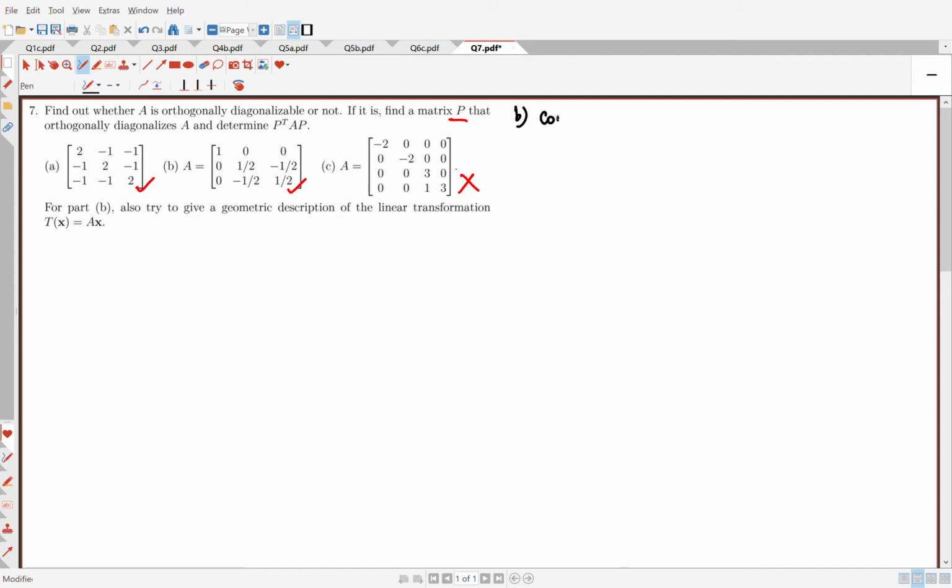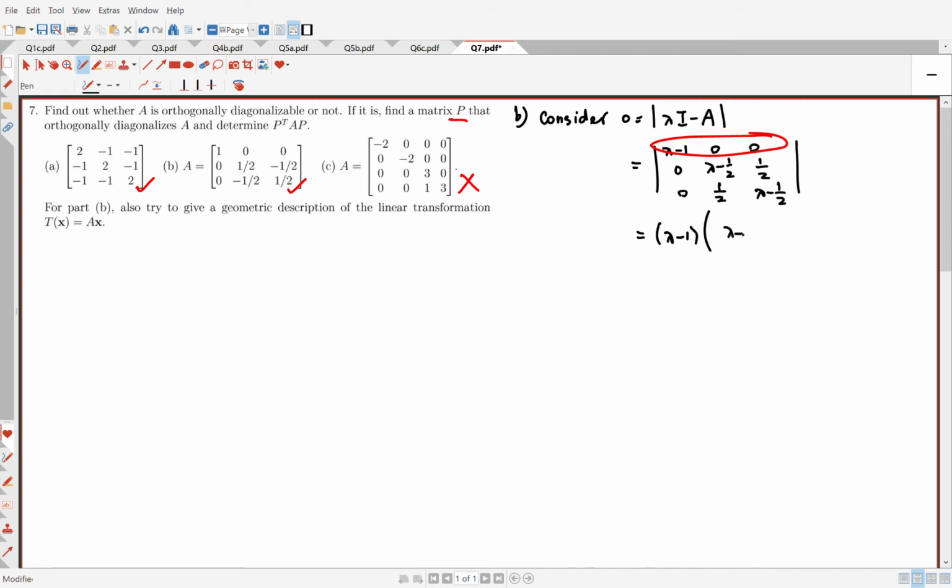So we consider 0 equals the determinant of lambda I minus A, and this is equal to the determinant of lambda minus 1, 0, 0, 0, lambda minus half, half, and 0, half, lambda minus half. We use cofactor expansion on this row. So we will have lambda minus 1 multiplied by lambda minus half squared minus half squared.